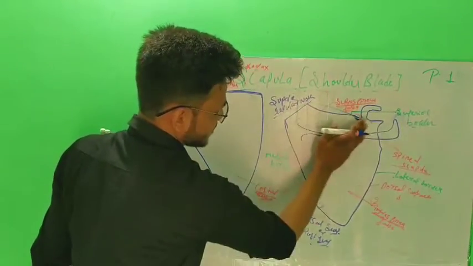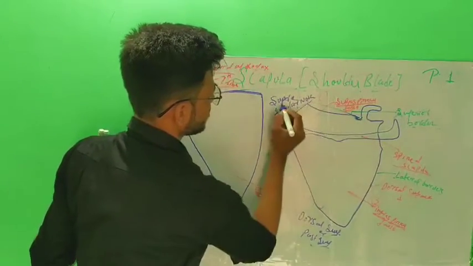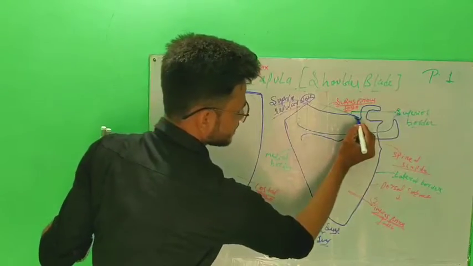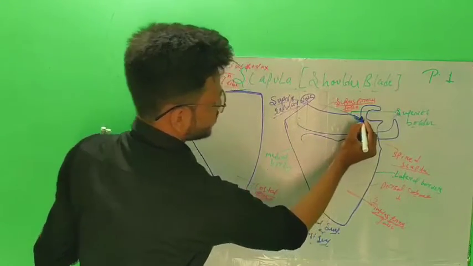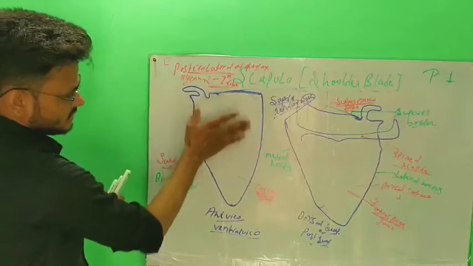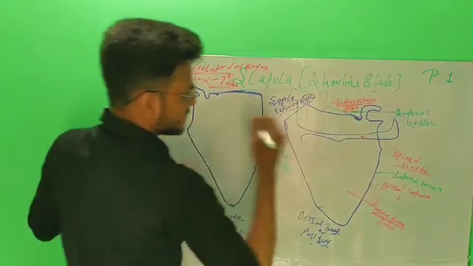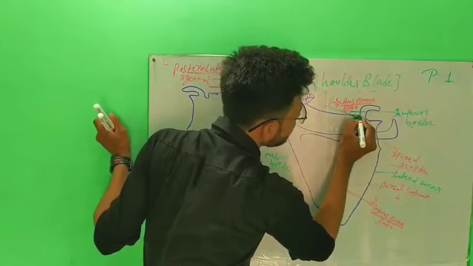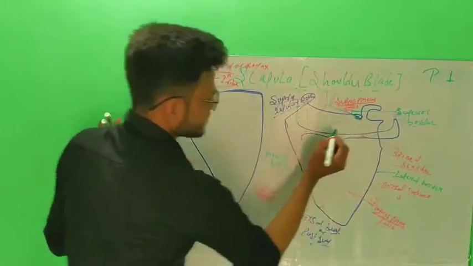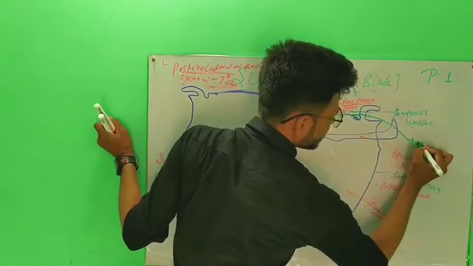Because it is present above the scapula, on the superior border of the scapula, and this is a notch, a depression, that's why it is called the suprascapular notch. This notch is covered by a ligament, and the notch is converted into a foramen. This ligament is called the suprascapular ligament.